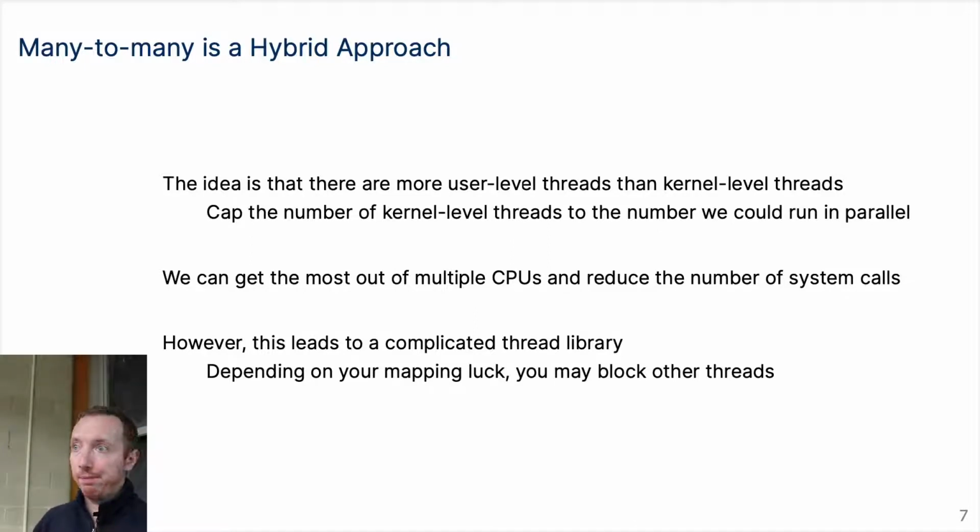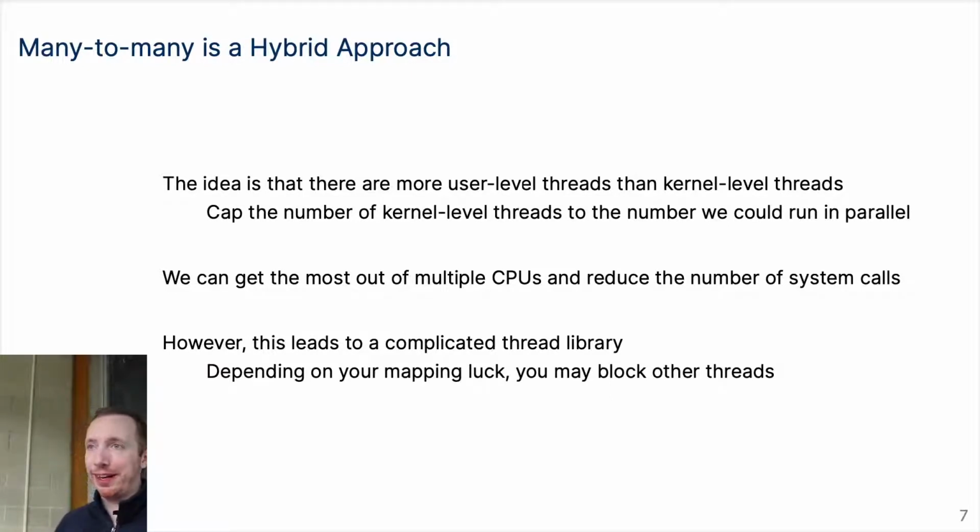So if I only have 8 cores, I'll create 8 kernel threads, and then I can put like 10,000 user level threads on top of that, since they'll be cheap. So the idea is to kind of get the best of both worlds there. So you want to get the most out of multiple CPUs and also reduce the number of system calls.